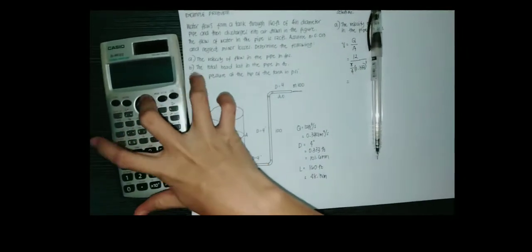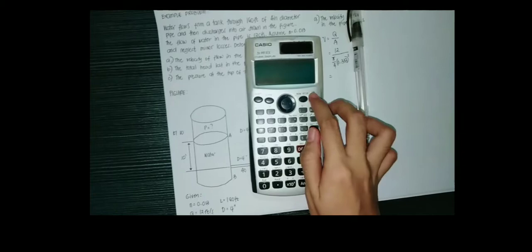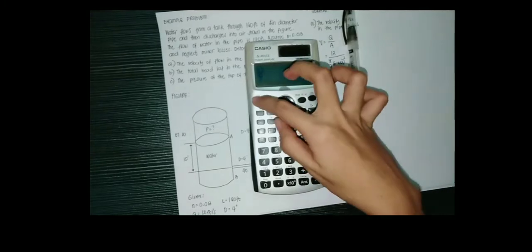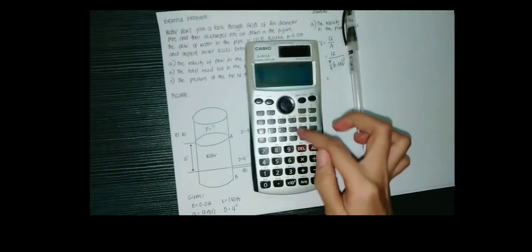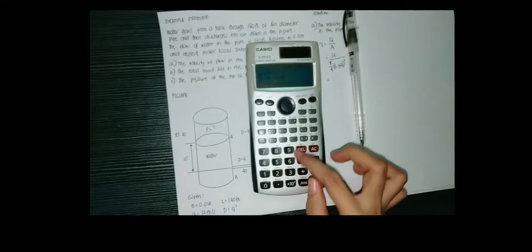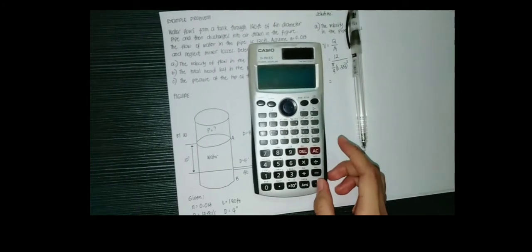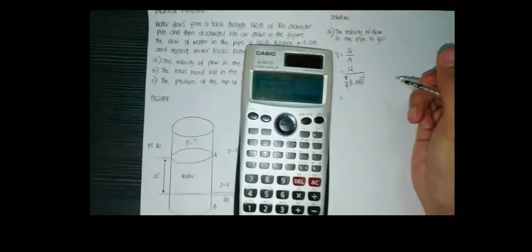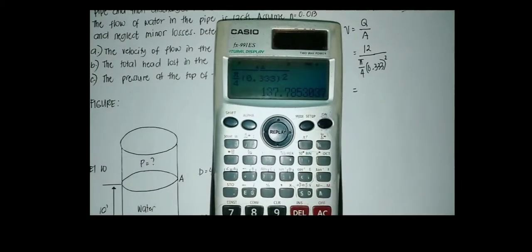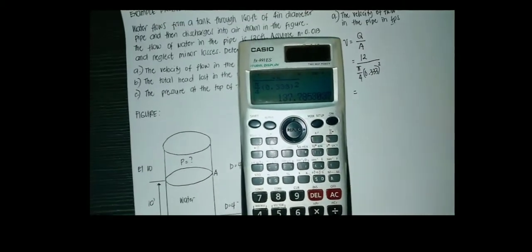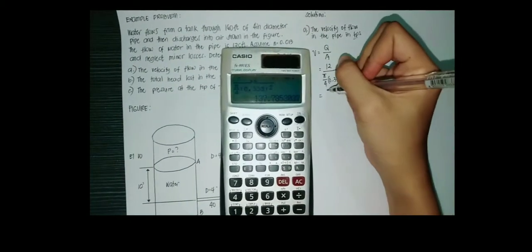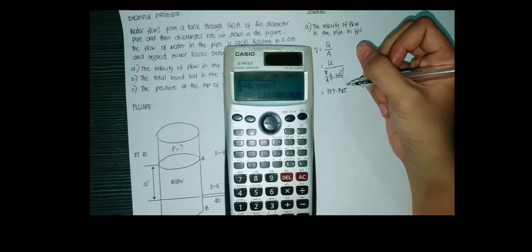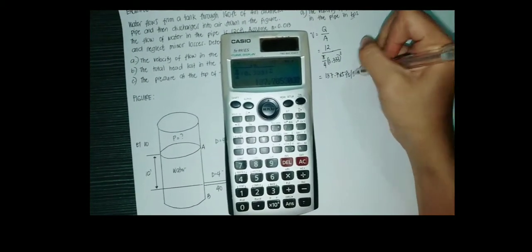So let's proceed and use our calculator to solve it. 12 over pi over 4 times 0.333 squared. We see on the calculator, rounded to 3 decimal places, it is 137.785 feet per second.